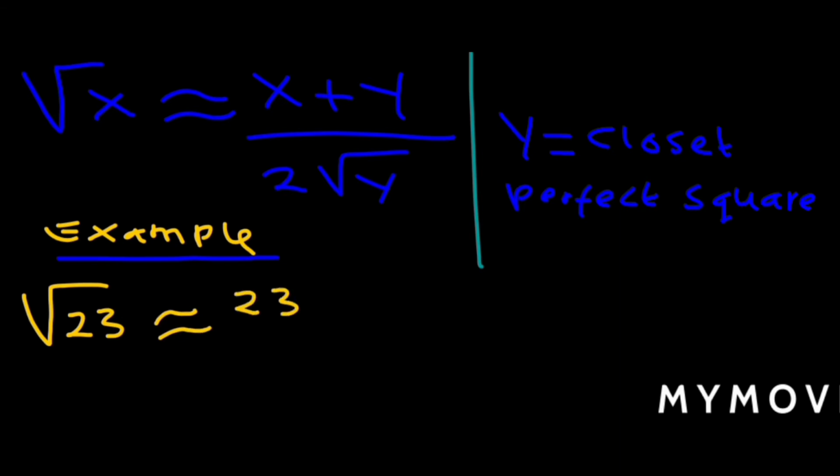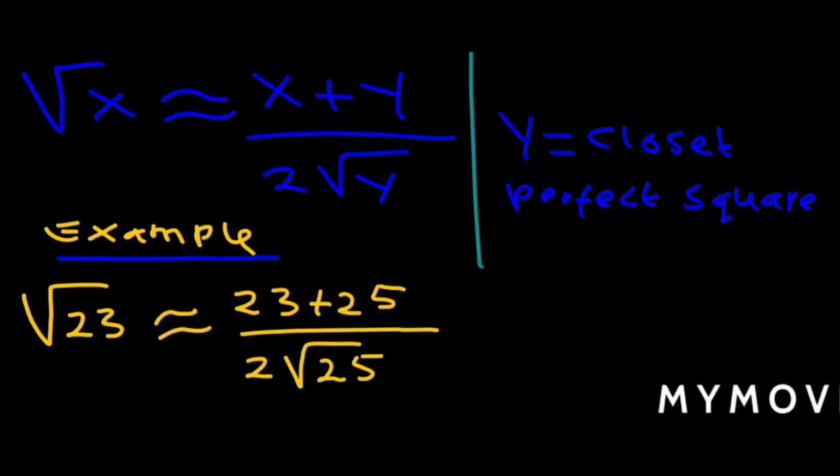So our examples. What is the square root of 23? The square root of 23 is approximately equal to 23 plus, the closest perfect square is 25, over 2 times the square root of 25. So the closest perfect square of 23 is 25.